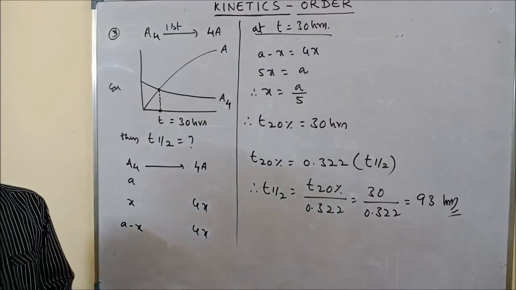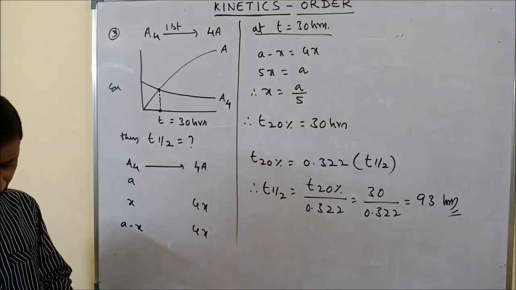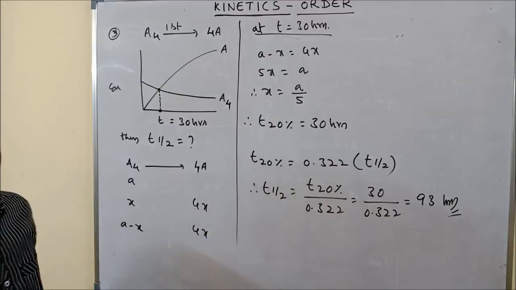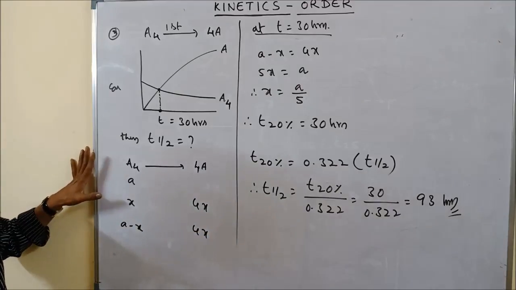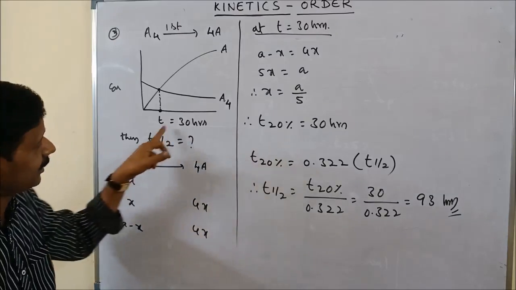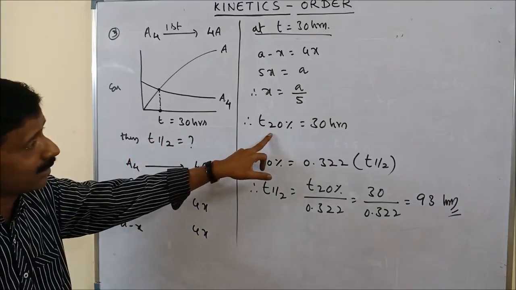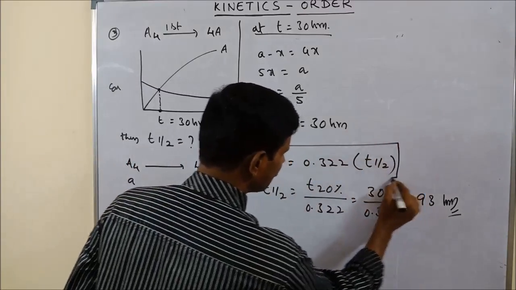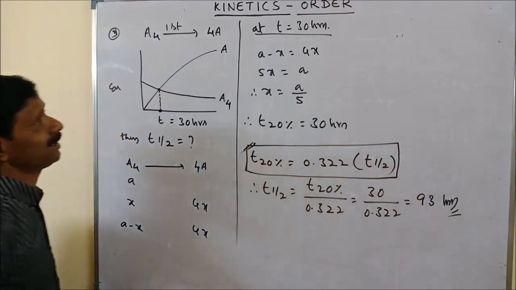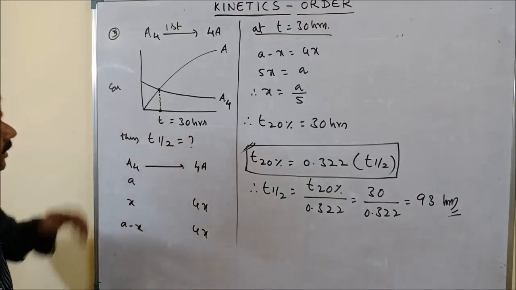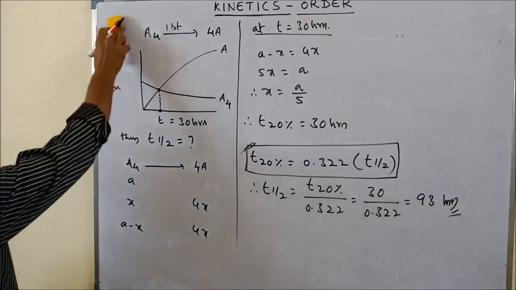So according to this, the half-life of that substance is nothing but 93 hours. So in this way, first we find out what this time is. Here we are getting this time as T 20%. So if you know T 20%, by using this relation we will find the half-life. So this is another important model. Okay, and next we will go for the fourth one.